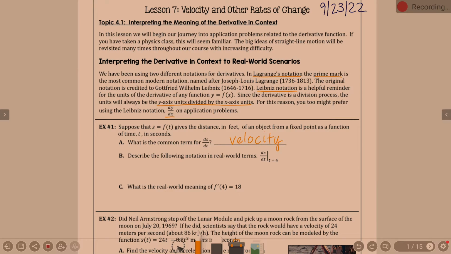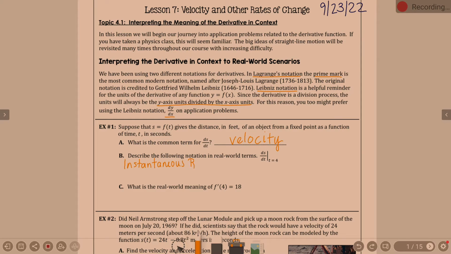In this case, it's the instantaneous rate of change, and if you think about this as being distance divided by time, it's going to be feet per second of the object when t equals 4, so 4 seconds. Now, if I just write IROC, is that enough, or should I write instantaneous rate of change? I don't want you guys to look back and wonder what IROC is.